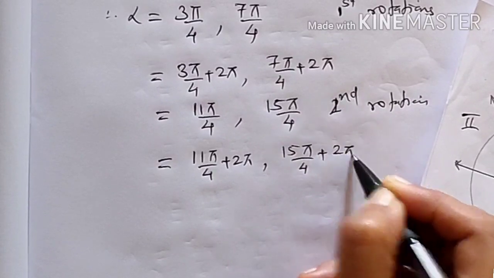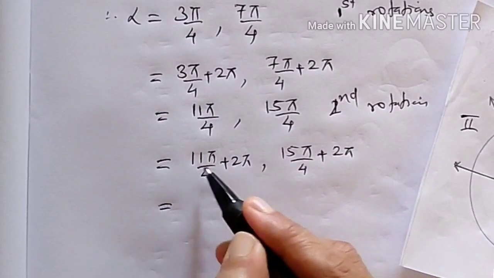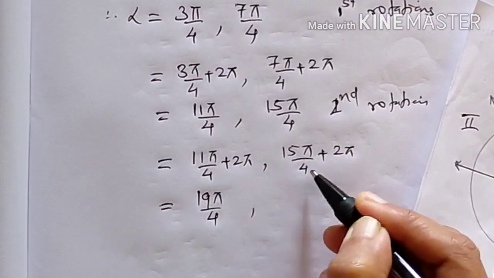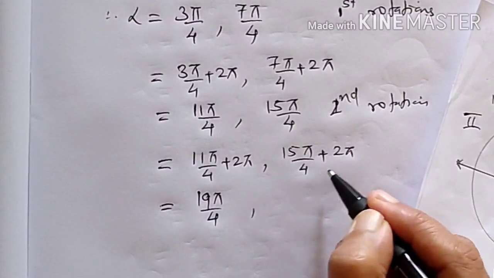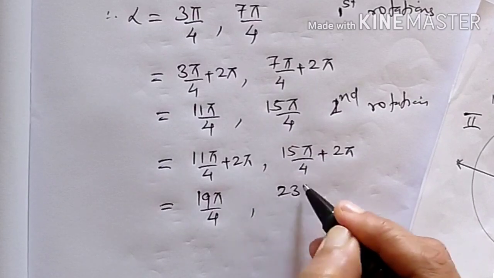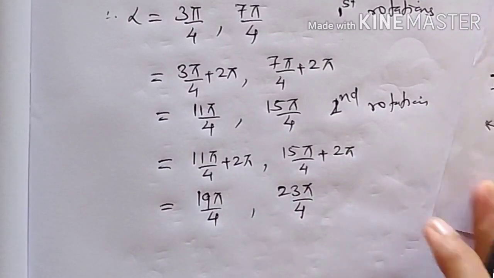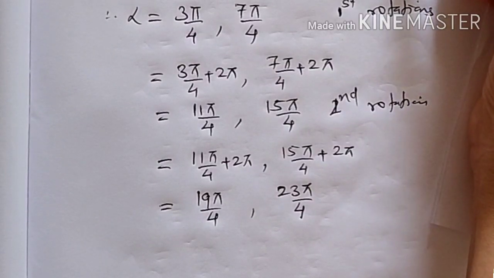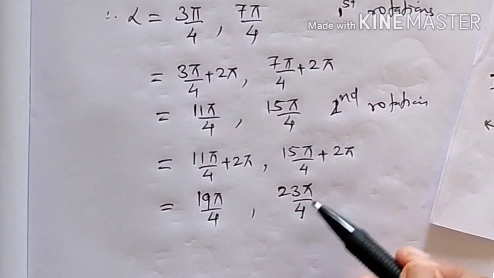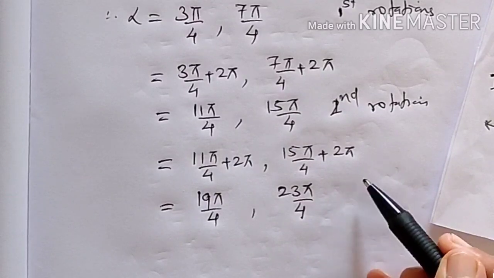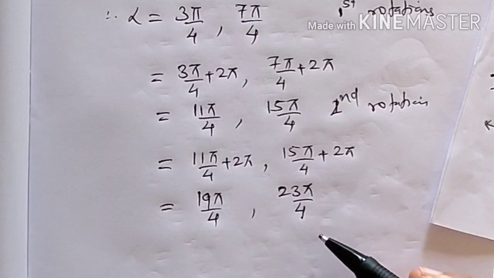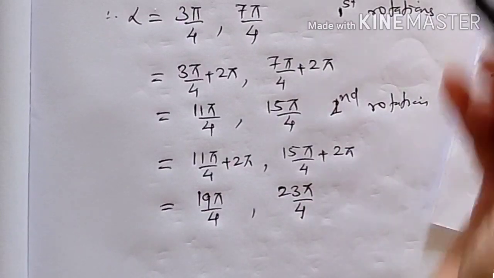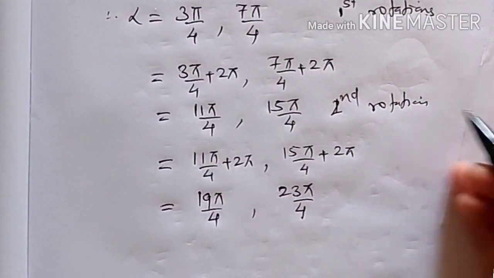So we get 19 pi by 4 and 23 pi by 4. See that it is not exceeding. Alpha should not exceed 6 pi. Is it exceeding 6 pi? No. If we get 24 pi by 4, then we get 6 pi, right? So it is not exceeding 6 pi. So these are the values in the third rotation.